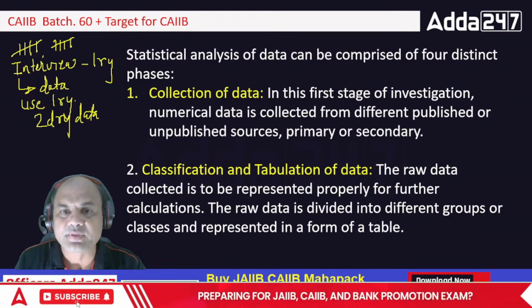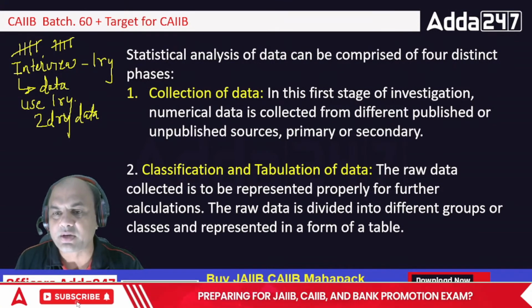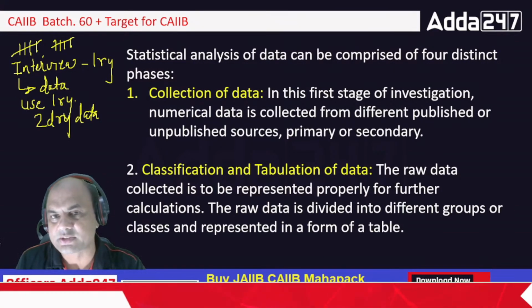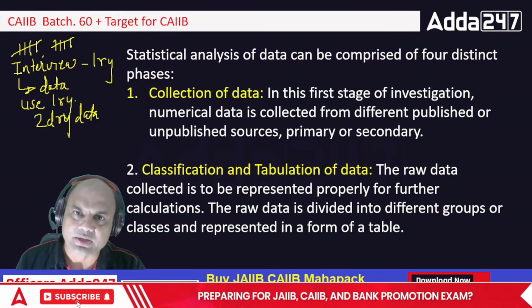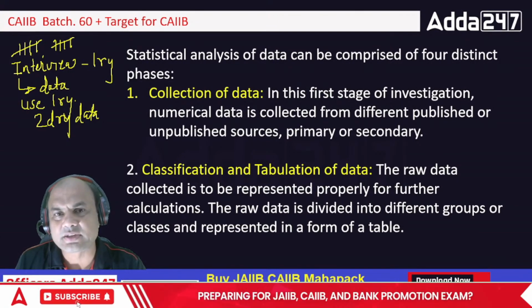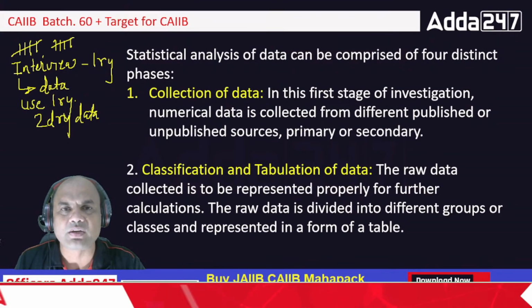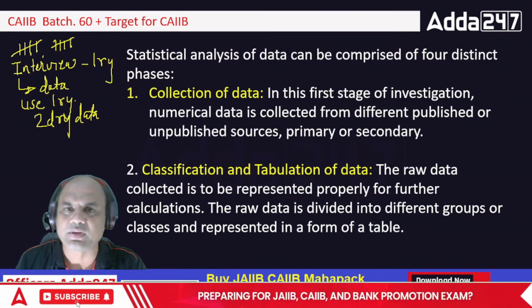Let's move on. Classification and tabulation of data. The raw data collected is to be represented properly for further calculations. Whenever anyone does the survey, we get various responses from various persons. We give those forms generally, or we ask them orally also nowadays.